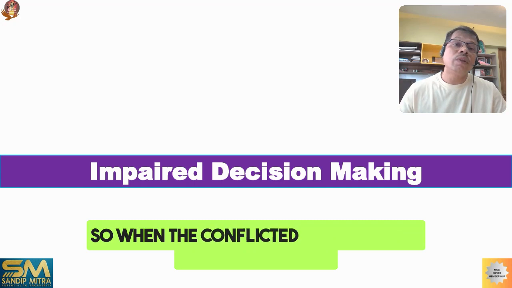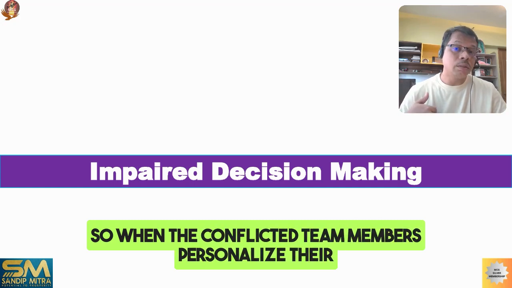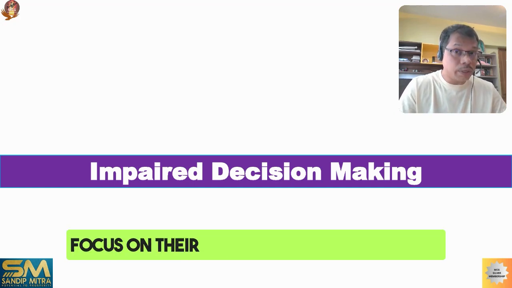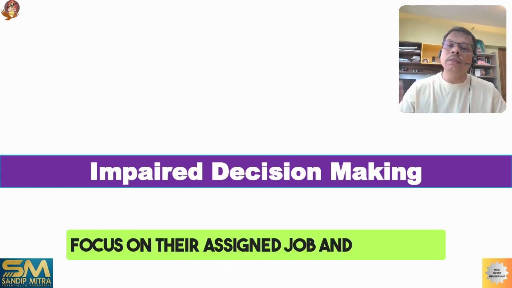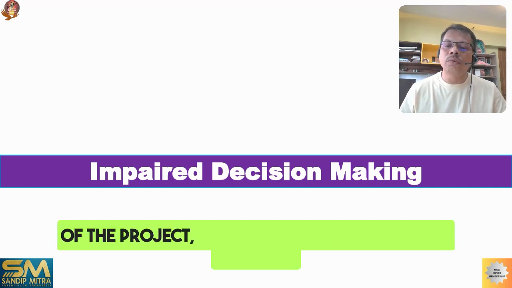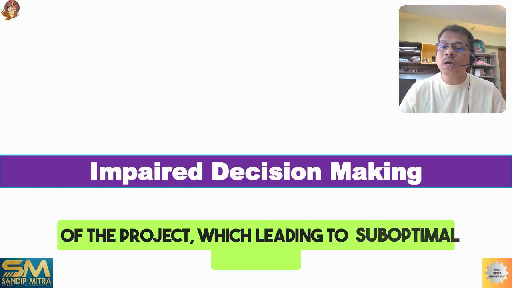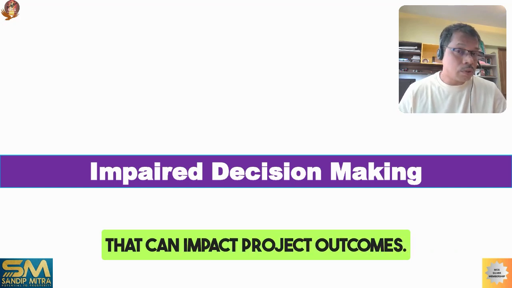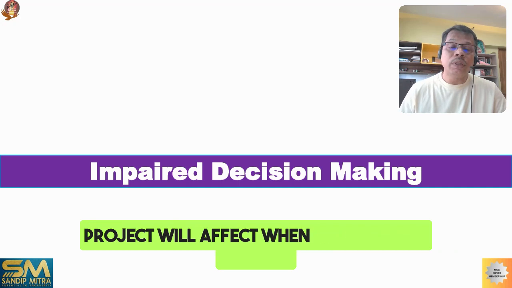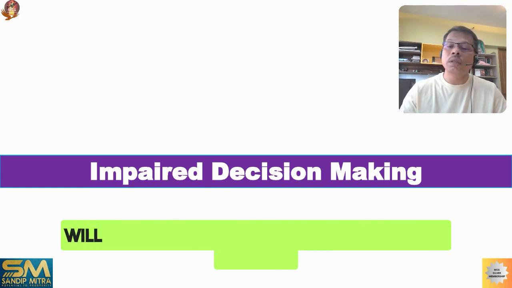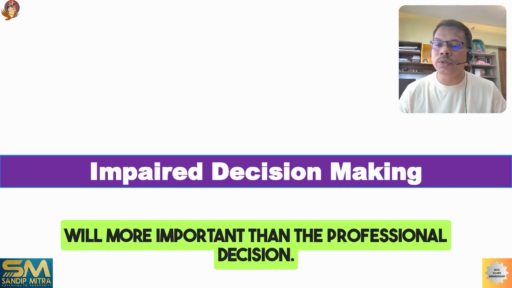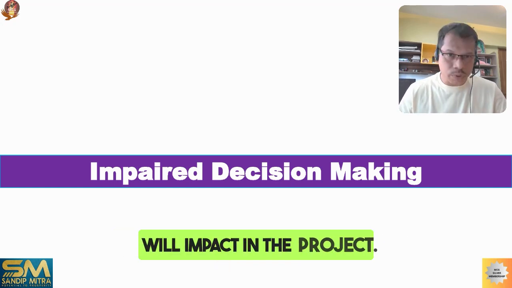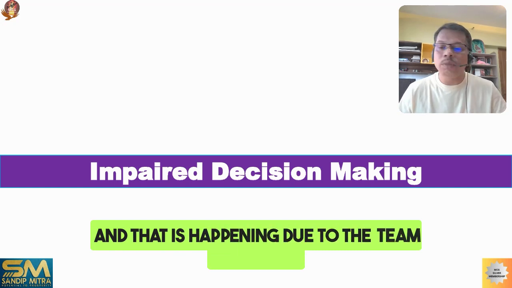So when conflicted team members prioritize their personal agenda, they are automatically not able to focus on their assigned job and the goals of the project, which leads to suboptimal decisions that can impact project outcomes. The project will be affected when the personal decision becomes more important than the professional decision. So this impaired decision making will impact the project, and that is happening due to team conflicts.